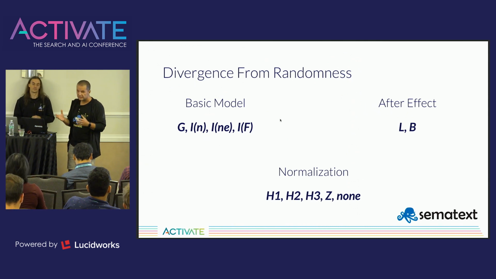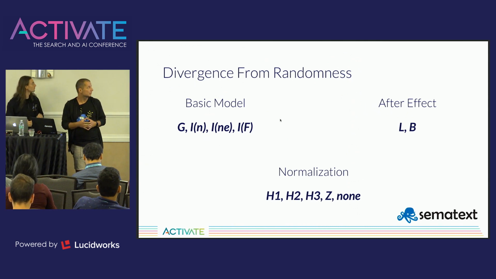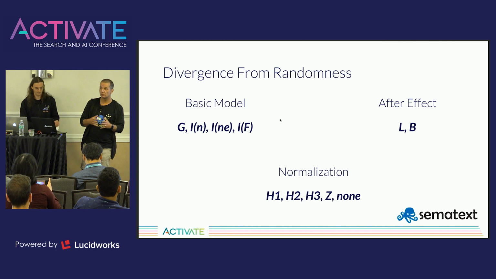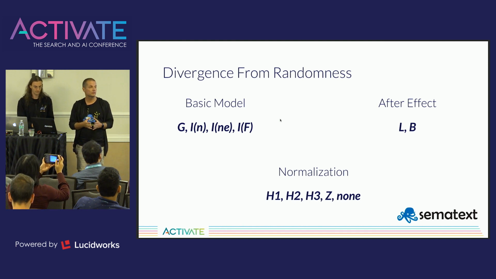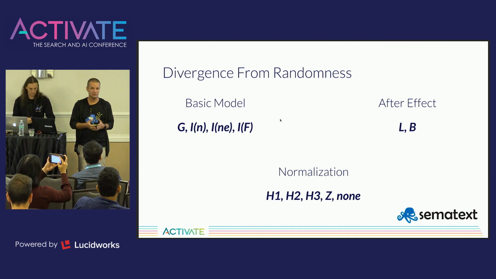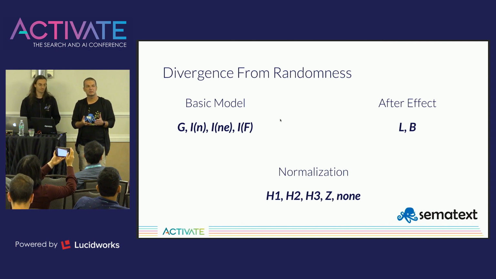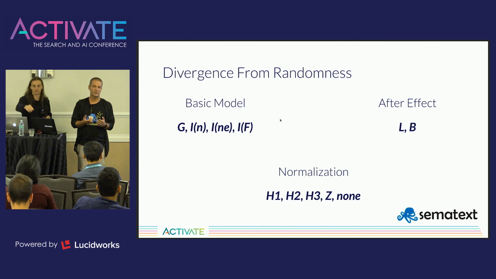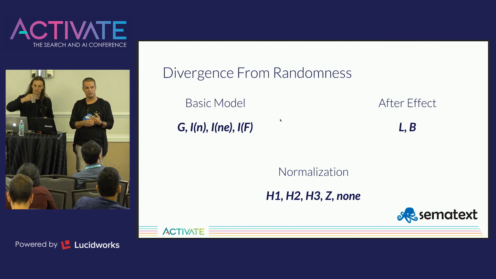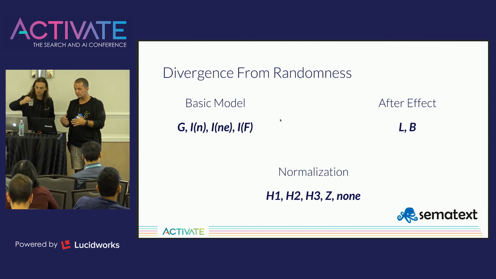Okay, so the next thing that we would like to talk about today is divergence from randomness. Compared to BM25 or TF-IDF, it's a different approach. It's more of a framework that you can think of as a random distribution of how the term actually appears inside the document. And we have a distribution, the basic models.